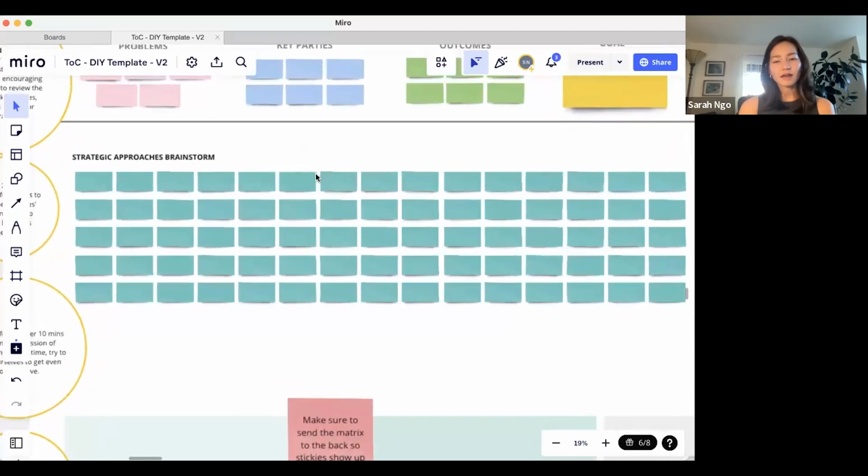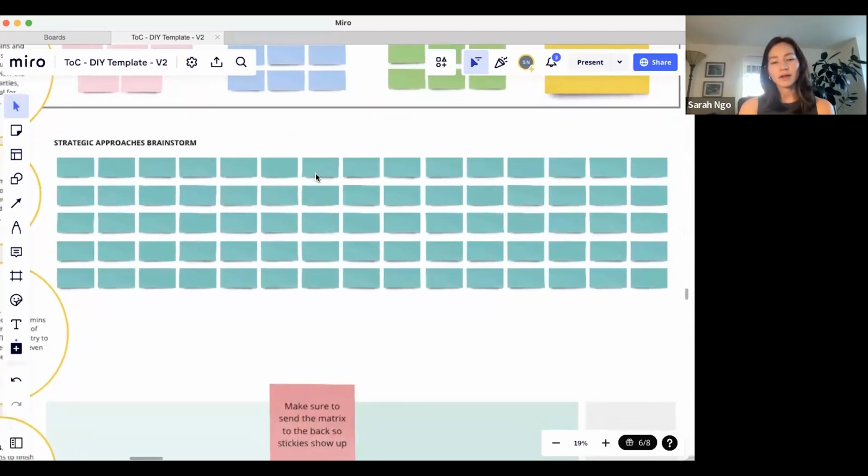One difference here is that we do feel it is worth a little bit of extra time to cluster the strategic approaches, because the intent is to end up with a set of 5 to 7 strategic approaches on your drafted theory of change. They're going to feel pretty high level. A lot of the day-to-day work and tasks that the team members might be engaging in may not be able to show up at that high level.